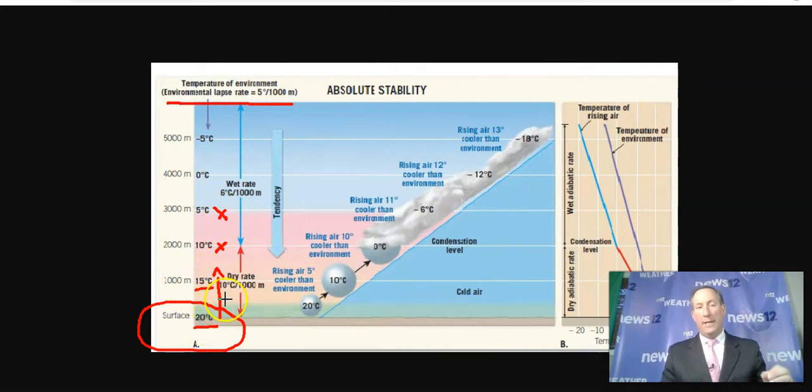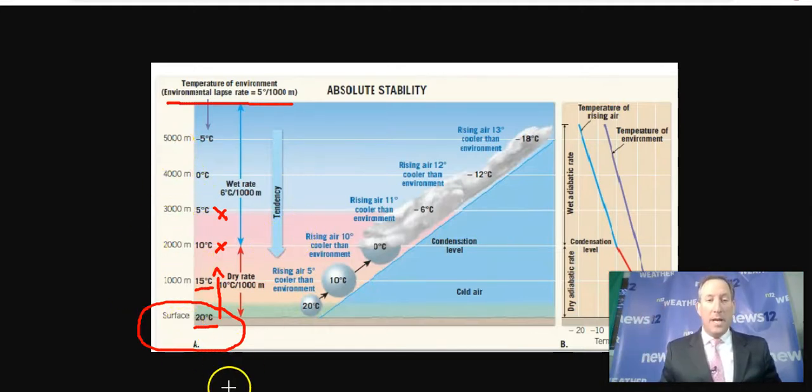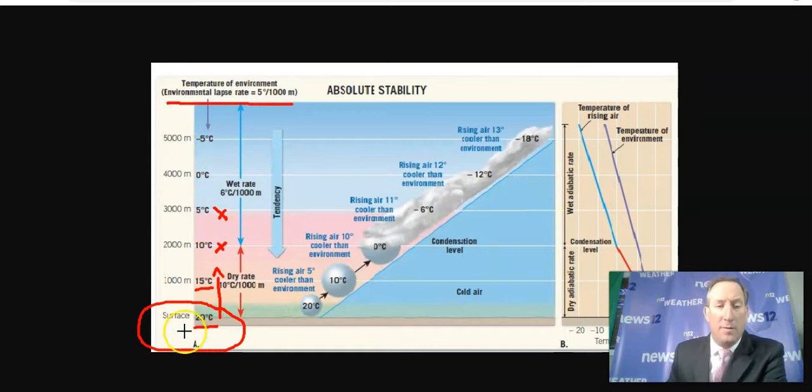So all you're doing is subtracting 5 degrees Celsius from the surface temperature for every 1,000 meters you go above the ground. Okay, so we go from the surface to 5,000 meters. So that's the first thing we need to do, figure out the temperature of the environment. And again, you'll be given the surface temperature and the environmental lapse rate.